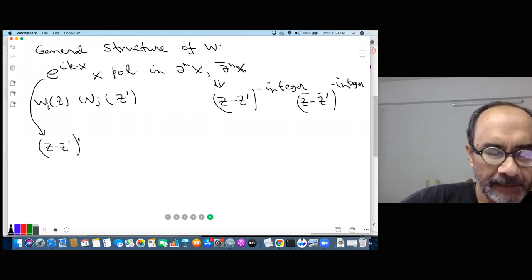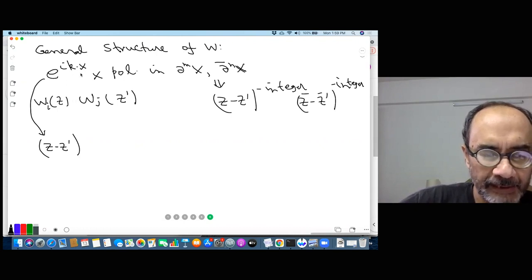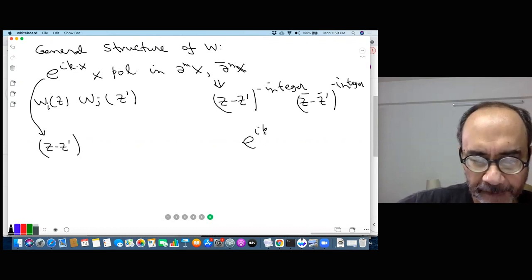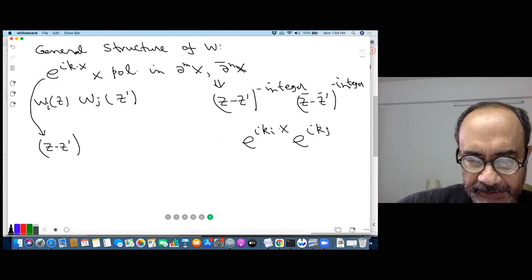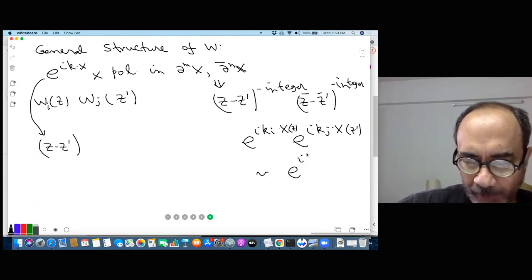If you remember the formula for the three-point function, it's the conformal dimension of the final object that you want. So if you take e to the i k_i dot x at z and e to the i k_j dot x at z prime, and you are trying to do the operator product expansion, the final object will necessarily have, by momentum conservation, e to the i (k plus k prime) dot x of z prime.